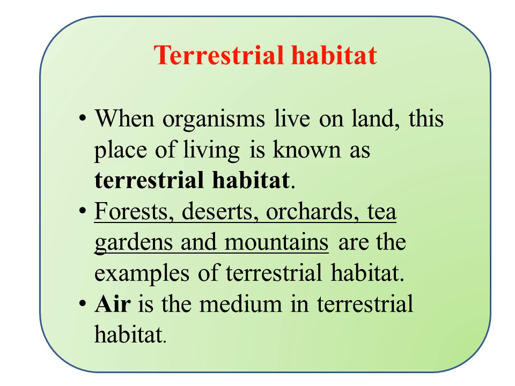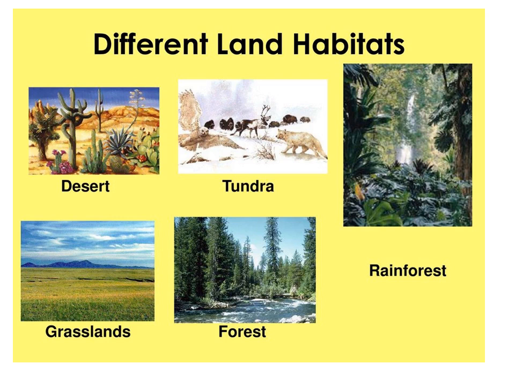The main medium is air. So can you differentiate between terrestrial and aquatic? After I discuss the aquatic habitat, I will tell what is the main difference between terrestrial and aquatic habitat.